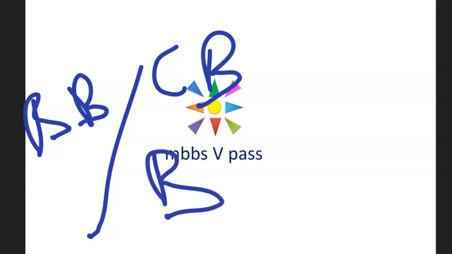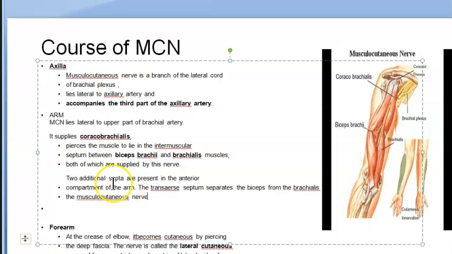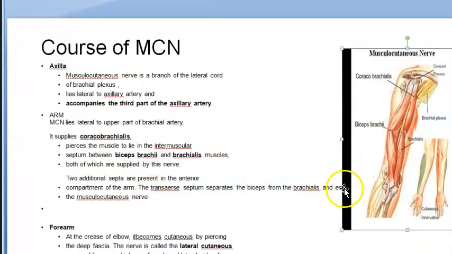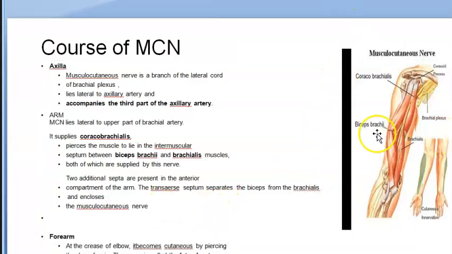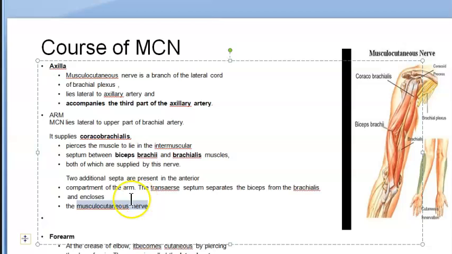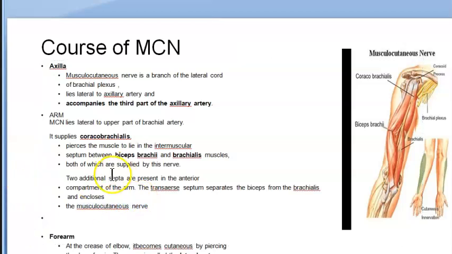So this is what you have to know. This is the course also. There is some transverse septum which separates the biceps from the brachialis, and in that septum, this nerve will lie. So something you should remember, there is a septum between the biceps brachii and brachialis muscle, and in that septum this musculocutaneous nerve will be there. Okay, this much if you know, enough.